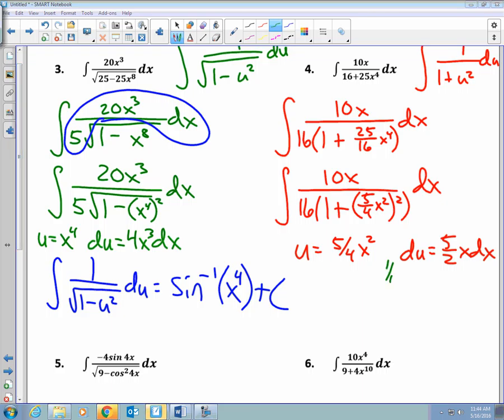Okay, so 1/4 du will be equal to 5 over 8 x dx. Do we have 5 over 8 x dx? Yeah, we do. This is 5 over 8 x dx right there.